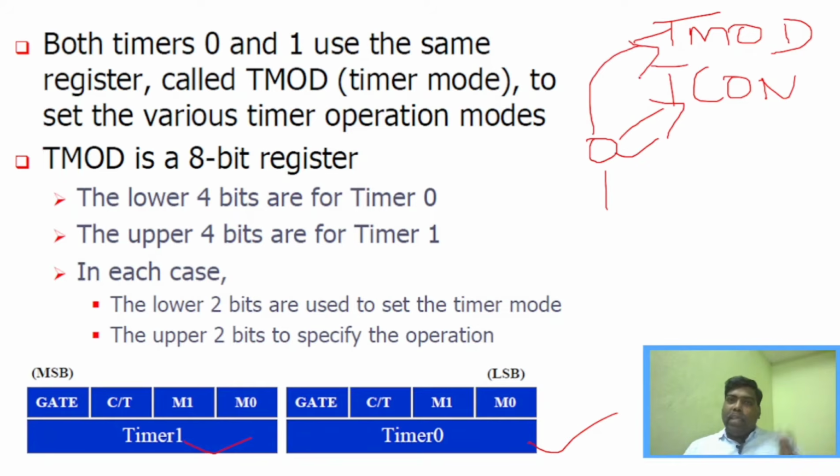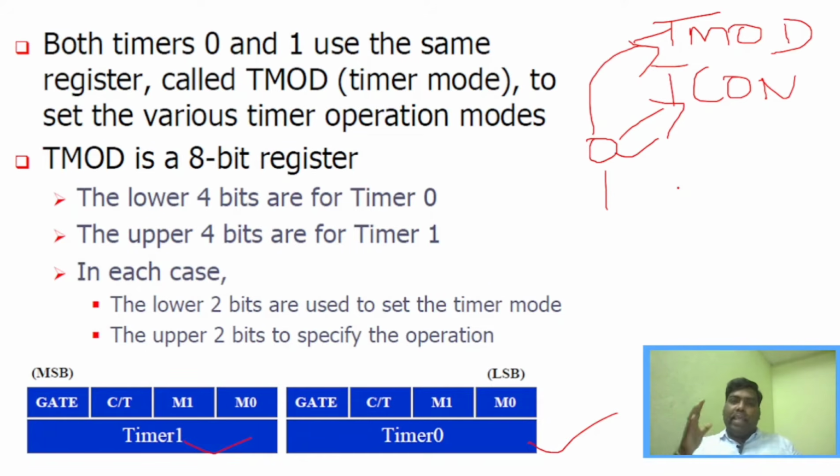I repeat that, you have the TMOD and TCON registers. Both timer 0 and timer 1 will access these TMOD and TCON registers, which means in TMOD you will have the lower 4 bits used by timer 0 and the upper 4 bits used by timer 1. And the TCON register is used to control the timing operation, which means it will tell you which timer is used, timer 0 or timer 1, and whether timer 1 overflows or timer 0 overflows.